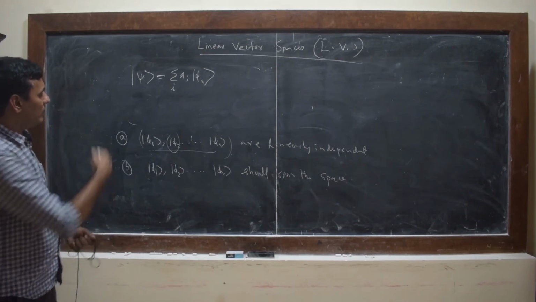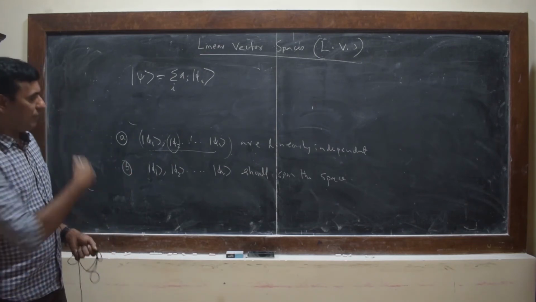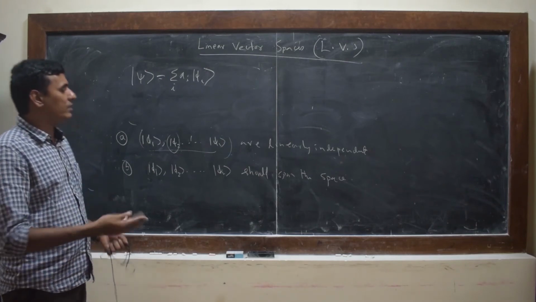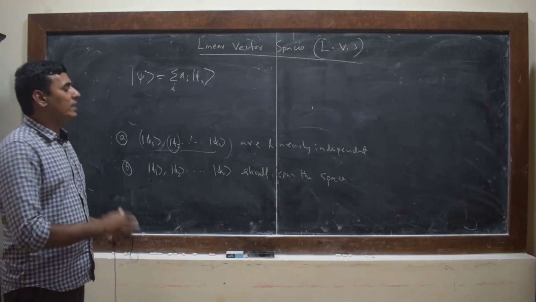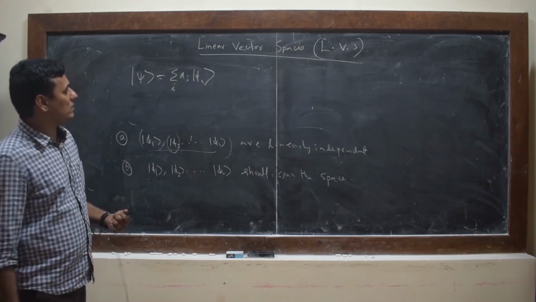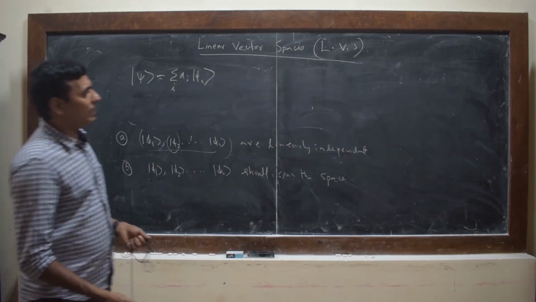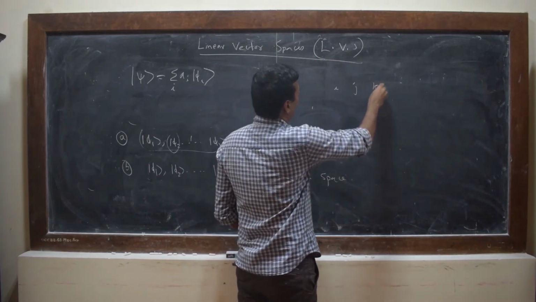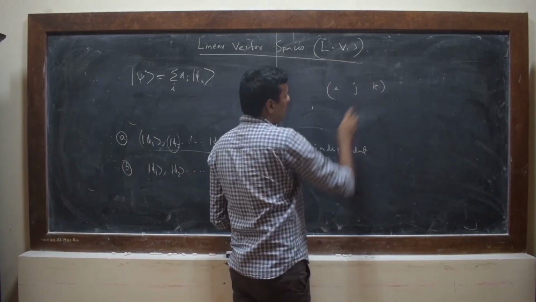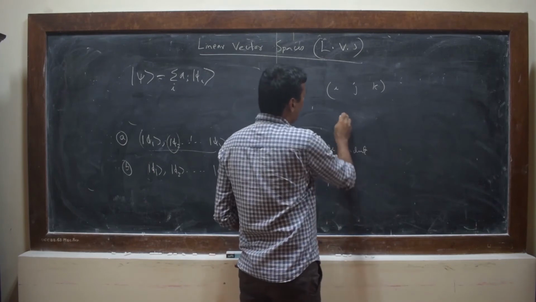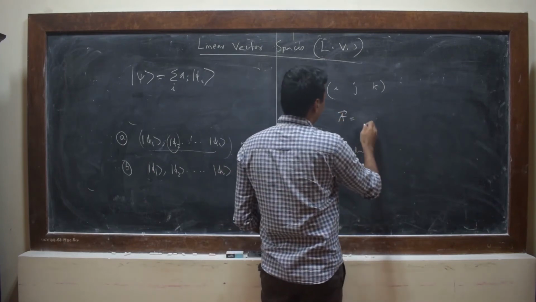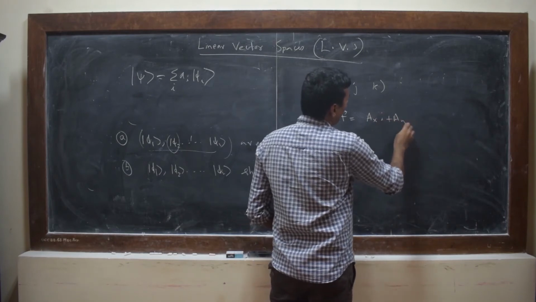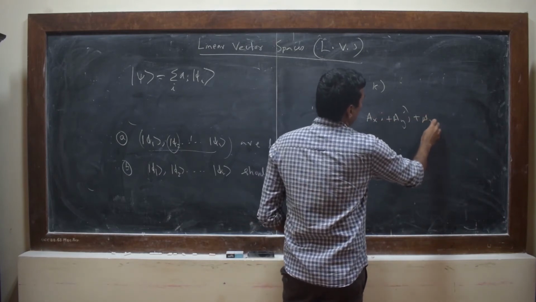So, if you are given a set of vectors, and if these vectors are linearly independent and they span the space, then you can say that this forms a basis. I already told you i, j, k are linearly independent, and any arbitrary vector A you can write as ax i plus ay j plus az k.